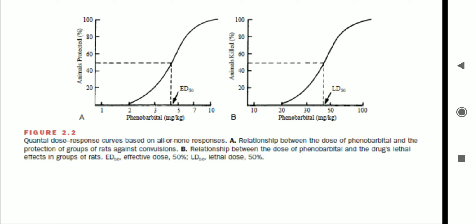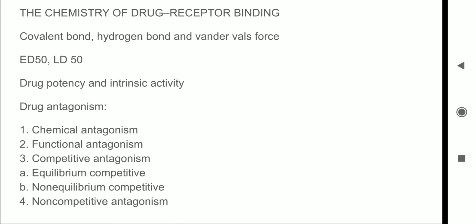Let's come to the original concept of the ED50. What is ED50? ED stands for effective dose. Please remember it, ED50 is the dose that would be protecting 50% of the animals or the population.